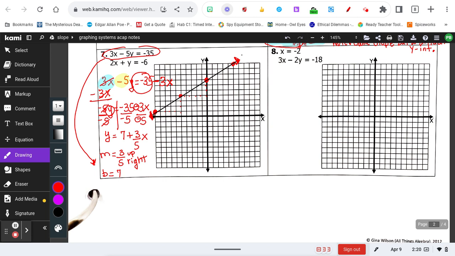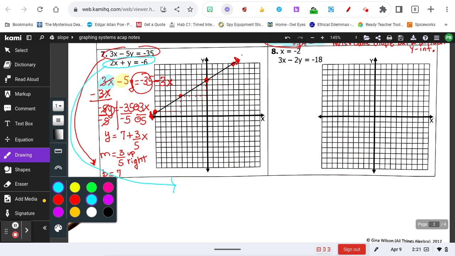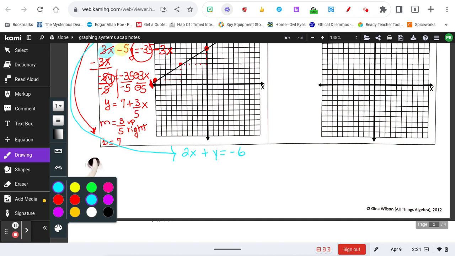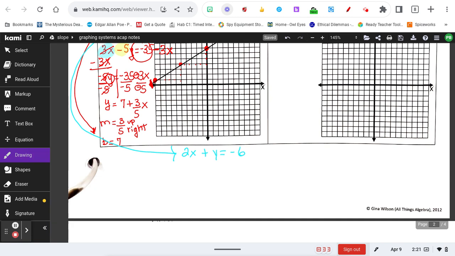And let's work on the other equation. So I'm going to circle this other equation in blue, and we will work on it down here because we don't have enough room. 2x plus y equals -6. I don't have to worry about putting the 1 in front of the y. Y is positive. Only put the 1 in front of the y if y is negative.